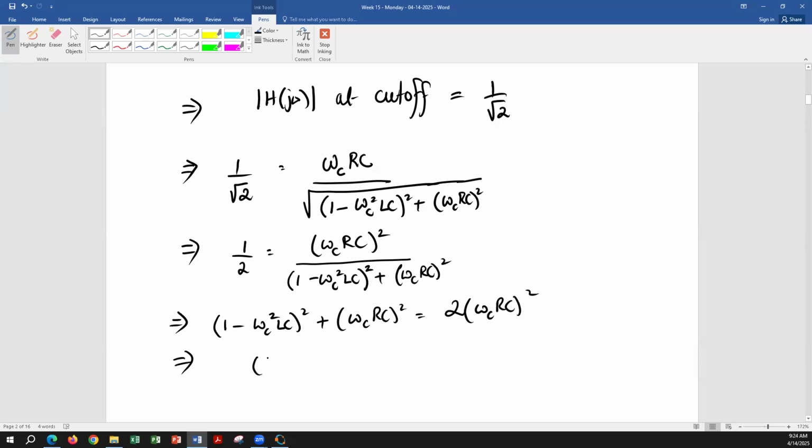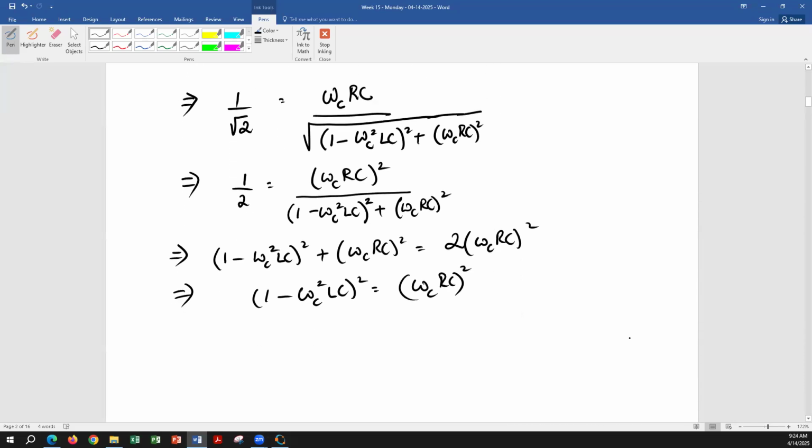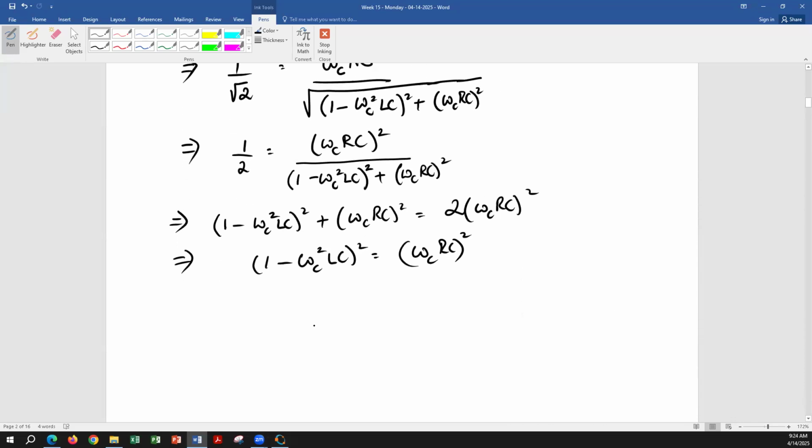So on each side we're going to have 1 minus omega c square LC square is equal to omega c RC square. Take a square root of both sides to get rid of the square term, and we're going to have 1 minus omega c square LC equals plus minus omega c RC. When we take the square root, we add a plus and a minus sign.